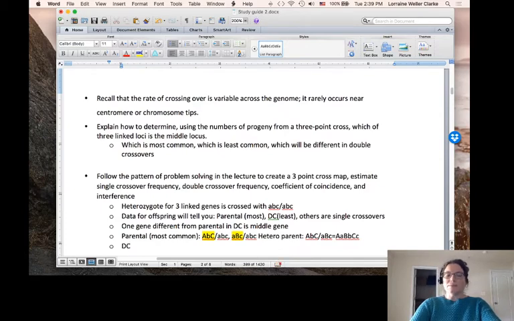If I told you that the double crossover, the least common, was, let me look, which one can I change around? So I told you that the least common looked like these two.